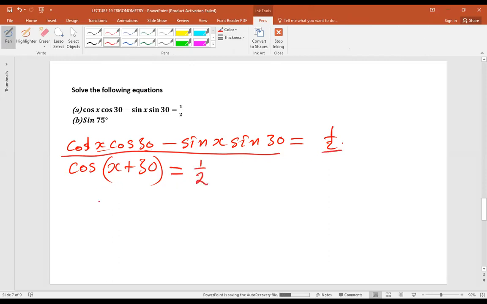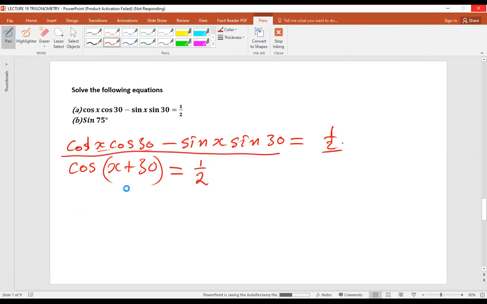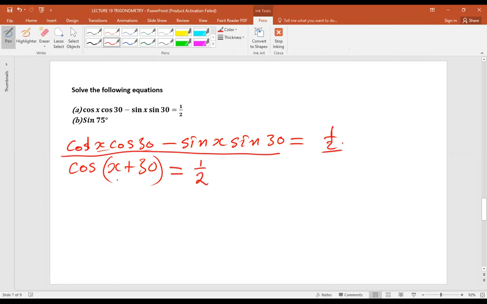So now we can find the reference angle. How do we find the reference angle? Let us first equate this to phi. So I'm going to say let x plus 30 be equal to phi, so that we have cos phi is equal to half.